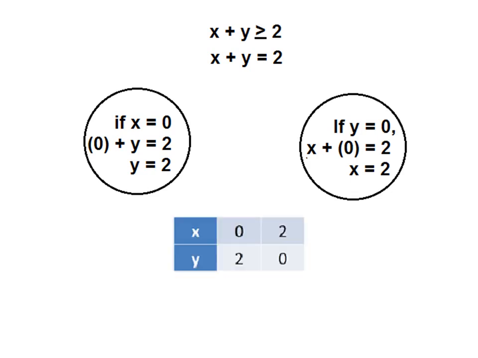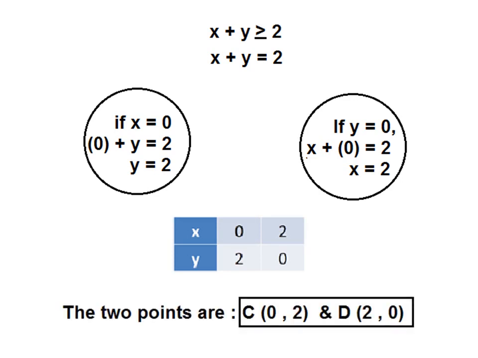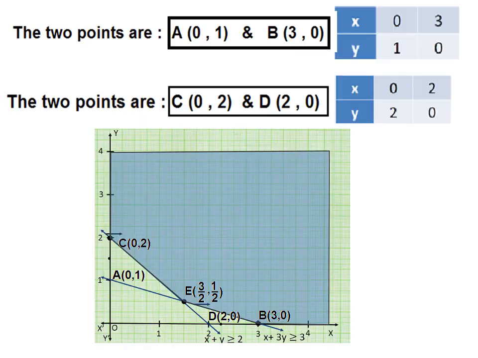So the 2 points are 0 comma 2 and 2 comma 0. Let us call them some other names like c and d. Now we have got a, b, c, d. Using a and b we will draw one line, and using c and d we will plot another line on the graph, and by plotting these points and drawing the lines, we come to get an idea of where the feasible points or the feasible solutions lie.